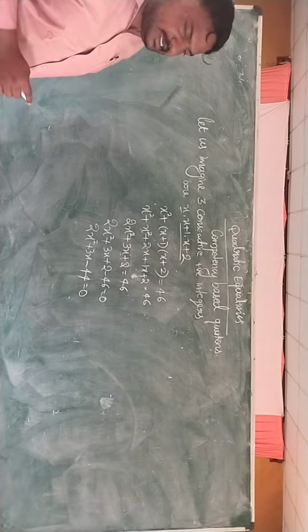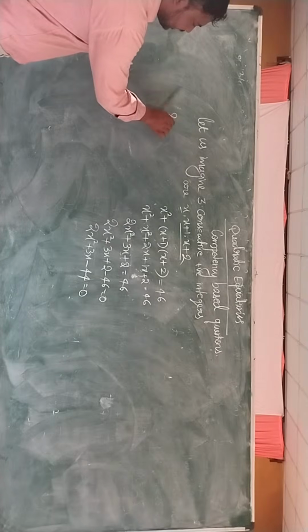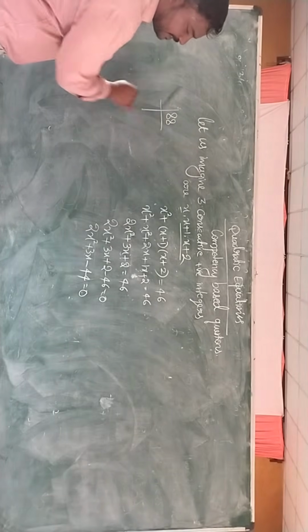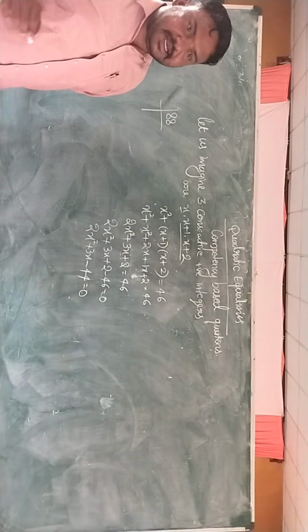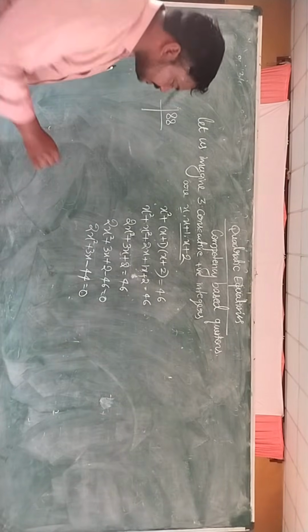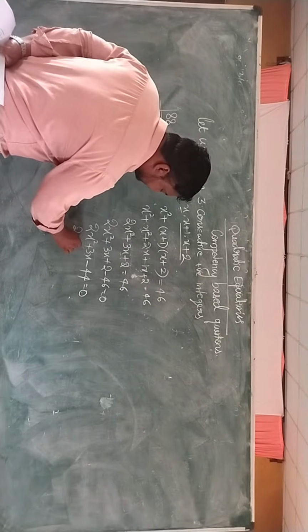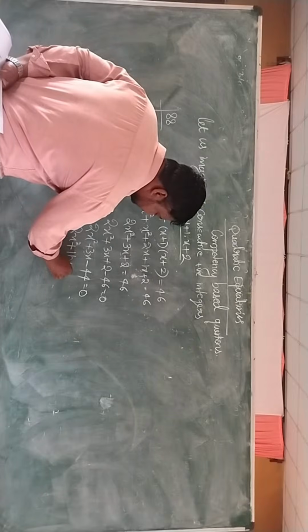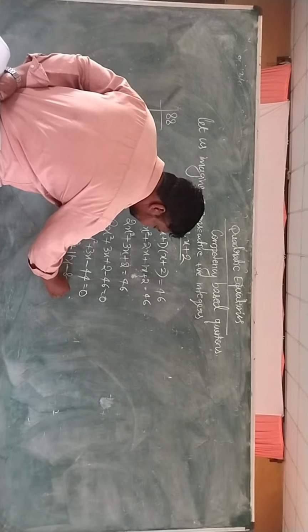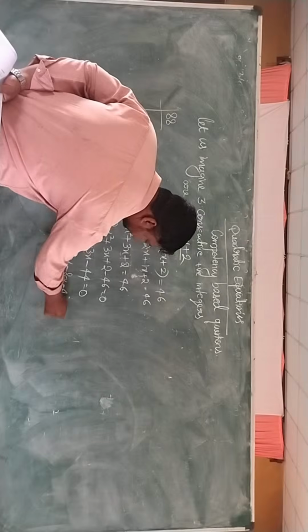44 2s are 88. Find the factors of 88 whose sum becomes 3 and product becomes 88. 11 8s are 88, correct. So in 2x square, the middle term 3x I can split as 11x minus 8x, minus 44 is equal to 0.